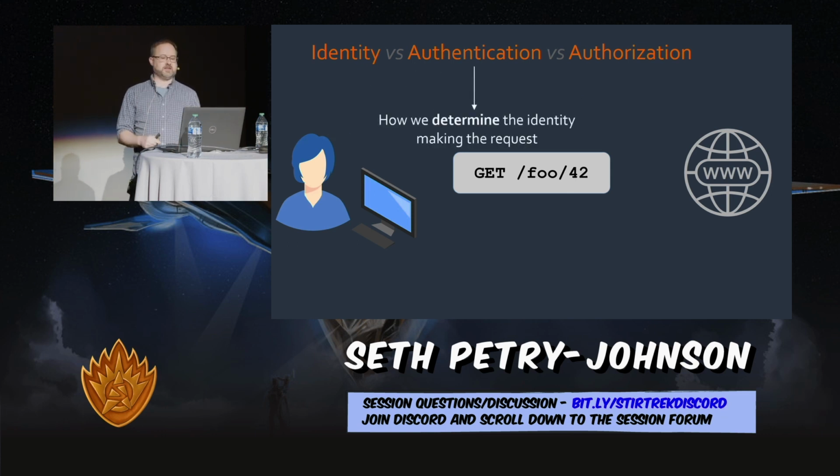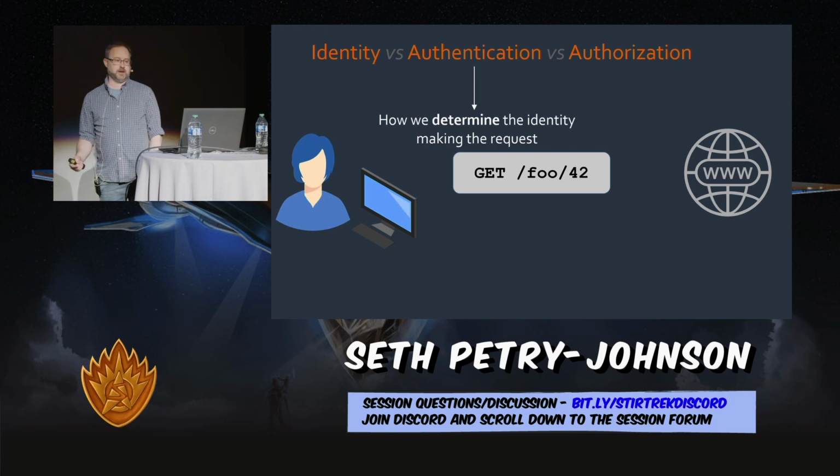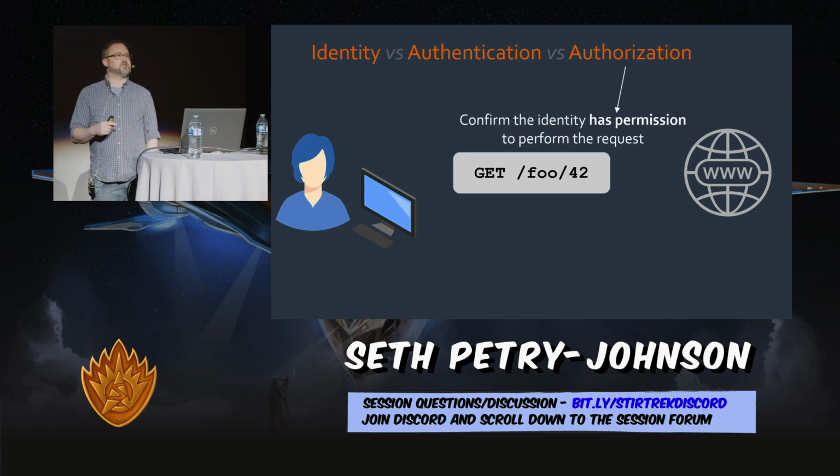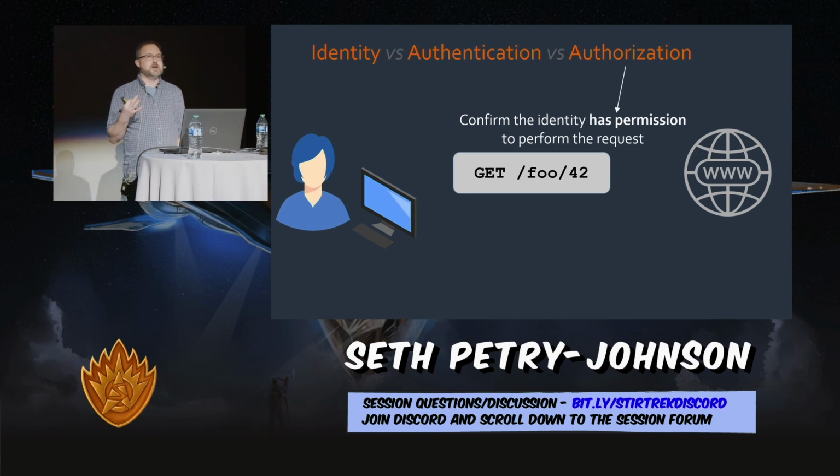Authentication is the process through which we determine that identity. It's whatever our website does to confirm it's actually Alice making the request. And authorization is the process of ensuring the identity is allowed to do the request, right? It's whatever custom business rules govern whether or not Alice is allowed to access foo42.